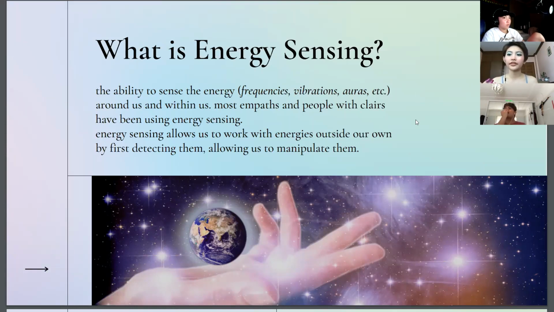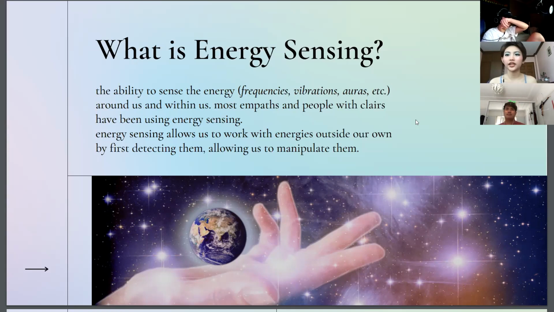What I mean by that is, for example, when someone who's an empath walks into a room and feels the residual emotions and feelings that have been left in the space, that is energy sensing. And when someone with clair abilities knows that there is an entity nearby, that is energy sensing.